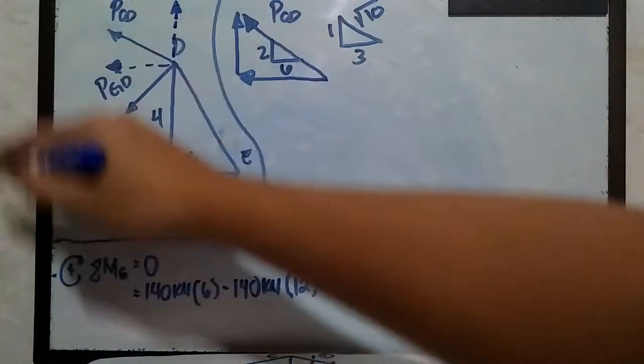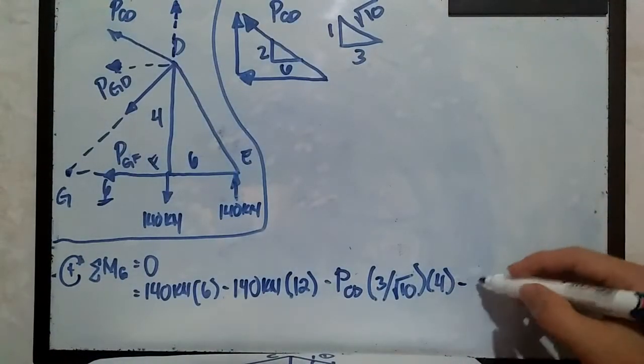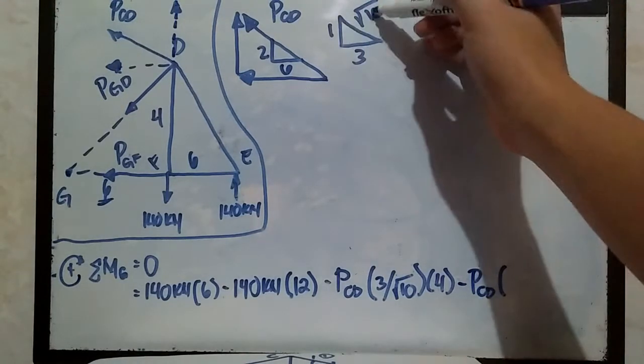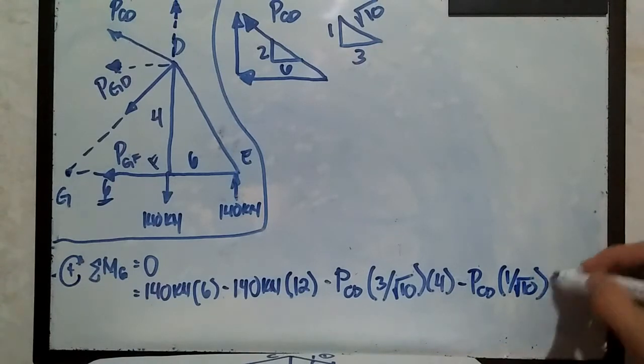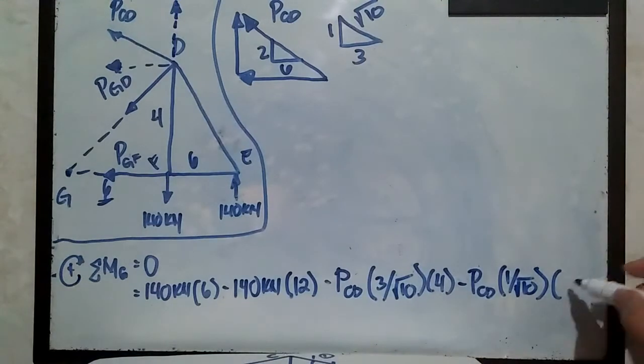So it's going to rotate counterclockwise, so it's still negative. So minus P sub CD multiplied by the slope, which is 1 over square root of 10, and then multiplied by the perpendicular distance equivalent to 6.